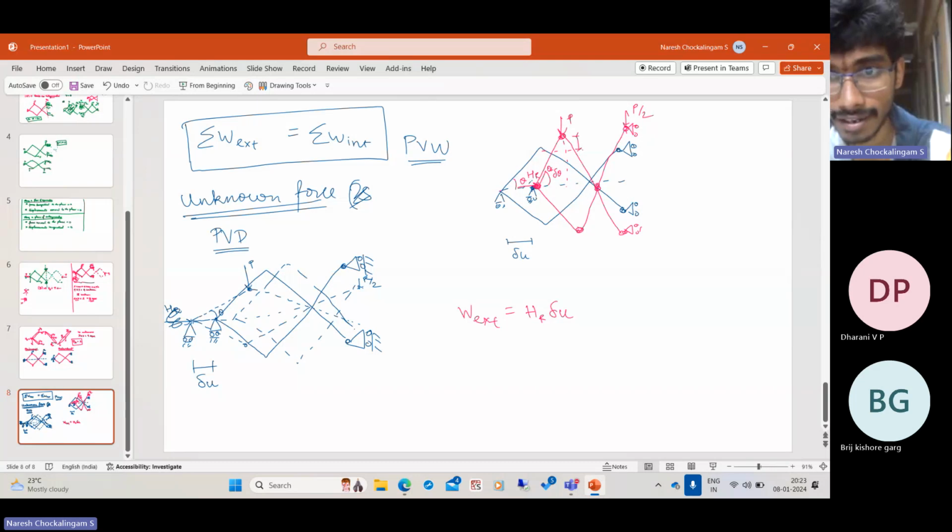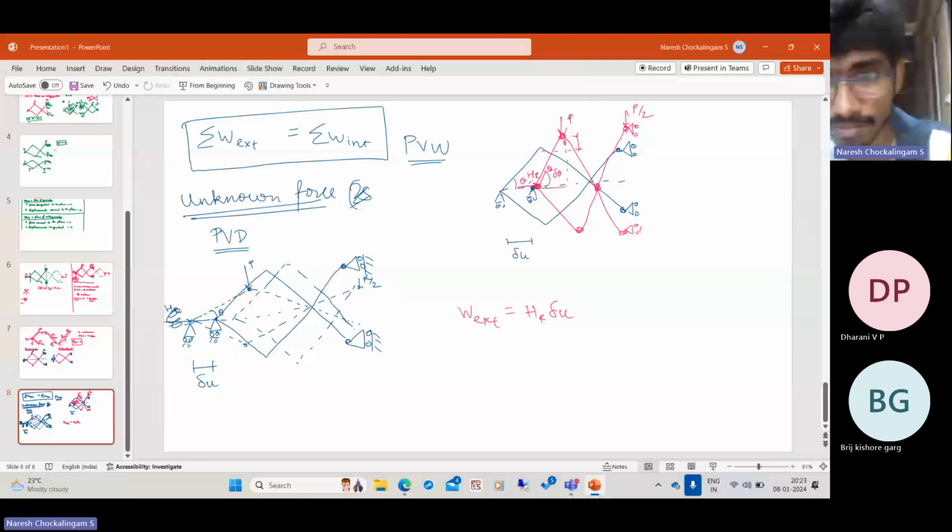Totally, this length is tan theta plus delta theta minus this length tan theta.